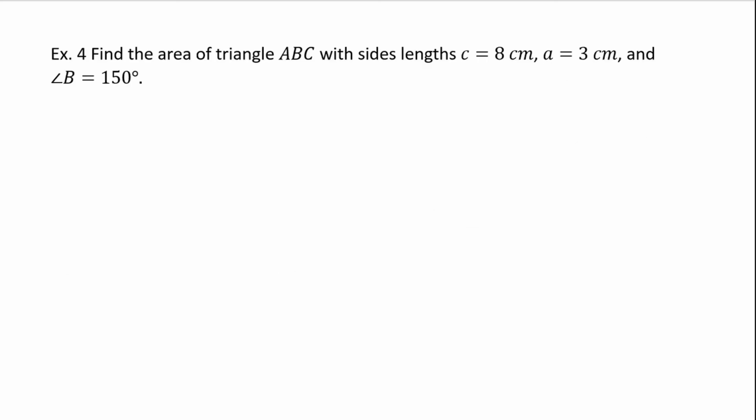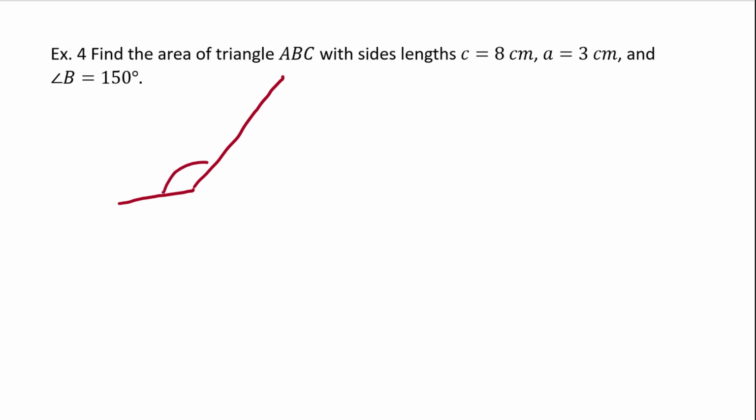Find the area of triangle ABC with side length c equals 8 centimeters, a equals 3 centimeters, and interior angle B of 150 degrees. So let me attempt to sketch this triangle. It will not be accurate, but I'll label it correctly. So we'll do short side, long side.